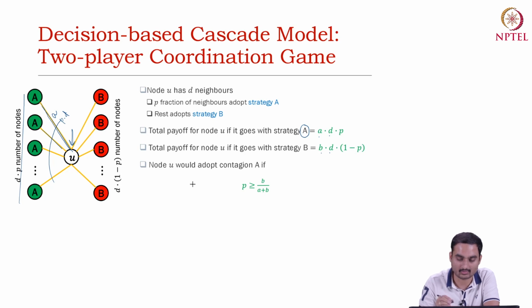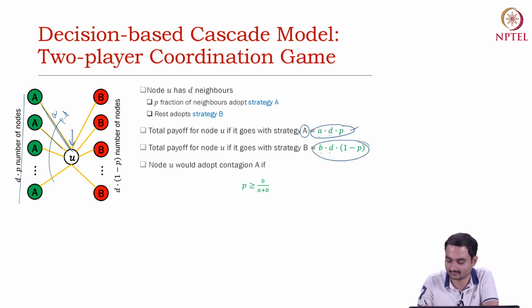Now, what is the criterion in terms of a and b so that U would adopt strategy A? The criterion would be that this is greater than this. If this payoff is greater than this, then U will adopt strategy A, right? So, a times P is greater than b times 1 minus P, right?